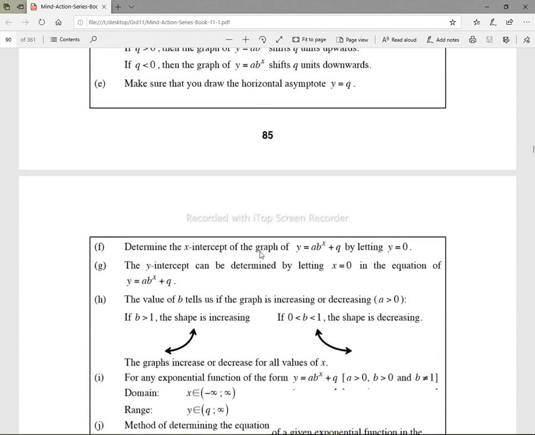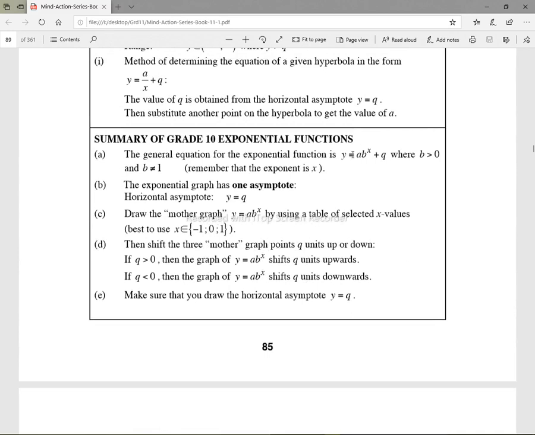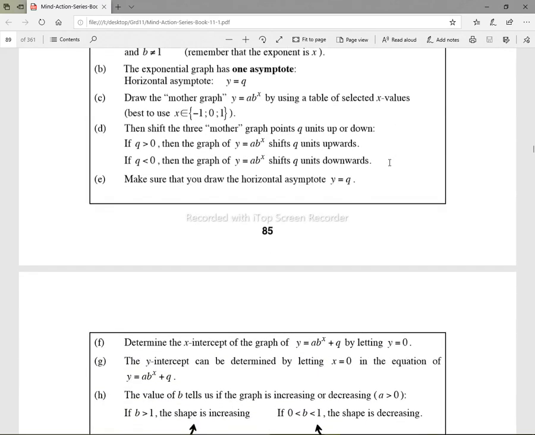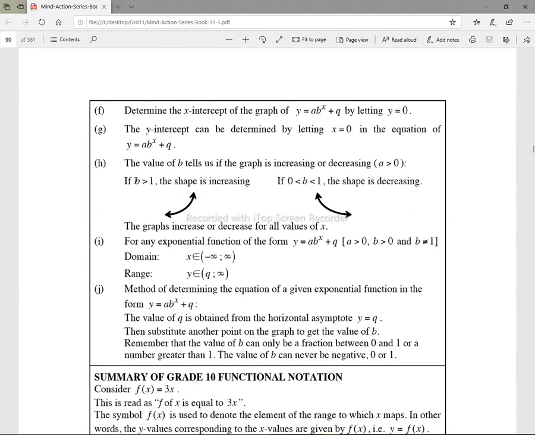The general equation for the exponential graph is y equals a b to the exponent x plus q. They say if b is greater than 1, the shape is increasing from left to right, as you can see here.